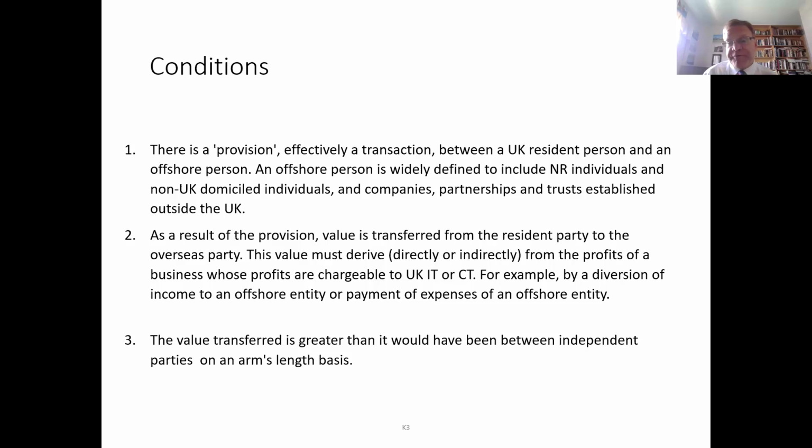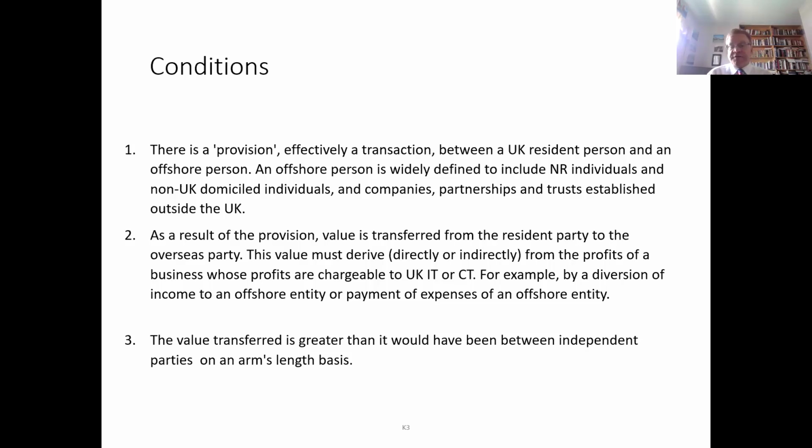Here, there's a provision, effectively a transaction between a UK resident company and an offshore person. An offshore person is widely defined to include non-resident individuals and non-UK domiciled individuals and companies, partnerships and trusts established outside the UK. As a result of the provision, value is transferred from the resident party to the overseas party.